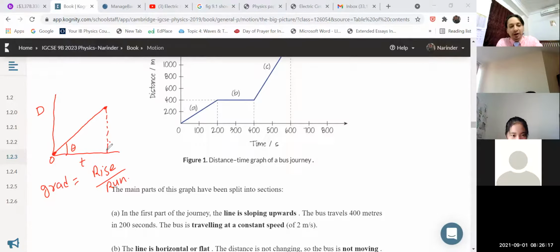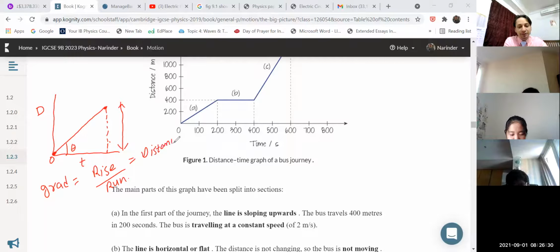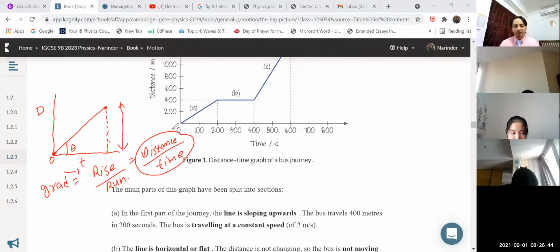In this triangle, I need to calculate the gradient, which is given by rise over run. Rise means the y-axis. In the y-axis, what do I have? I have distance, the distance between any 2 points. Run means along the horizontal direction, I have time. So the gradient, children, is distance divided by time. Jasmine, what is distance divided by time?